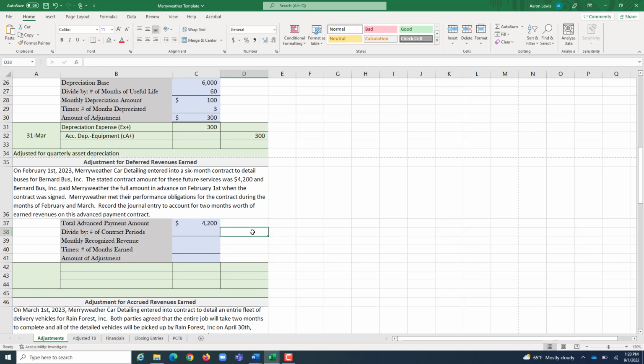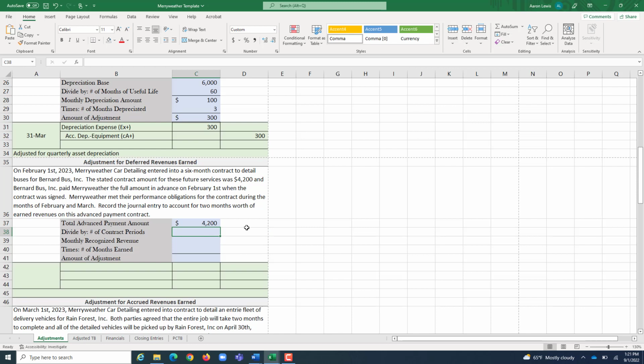During the time that has passed since we signed this, Merriweather has met their performance obligations for this contract during the months of February and March. We need to record an entry to recognize the fact that while we've not done all of the work which we were prepaid for in this 6-month contract, we have done some of it, 2 months worth. So how much are we going to recognize? Well, let's figure this out on a rate basis.